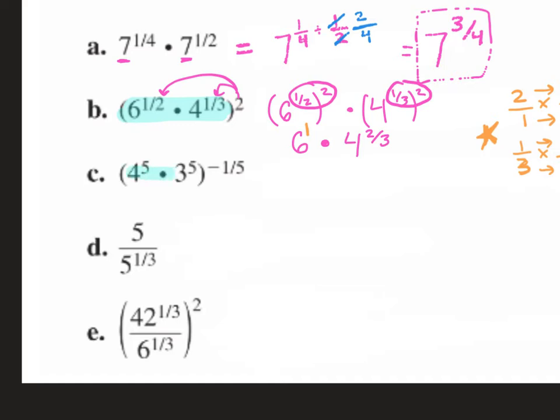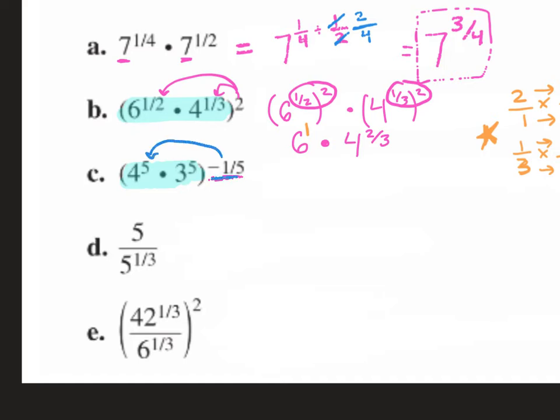But what do we do with this negative 1/5 outside? What can we do with that? Distribute it. So just like the last one, we need to distribute it to the 4 to the 5th power and the 3 to the 5th power. So we have 4 to the 5th power to the negative 1/5 power times 3 to the 5th power to the negative 1/5 power.